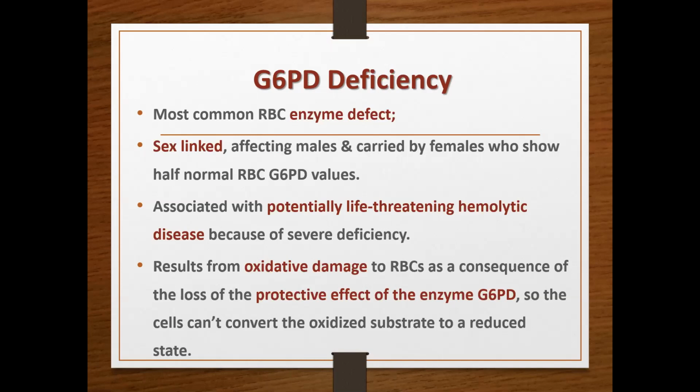As a result of G6PD deficiency, there will be oxidative damage to RBC because they lost the protective effect of the enzyme G6PD. So the cells cannot convert the oxidized substrate to a reduced state, causing their destruction.